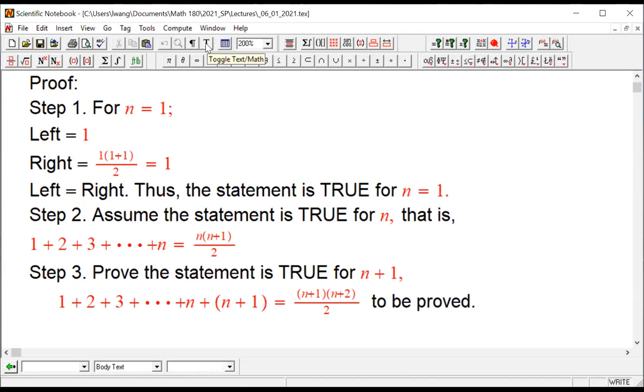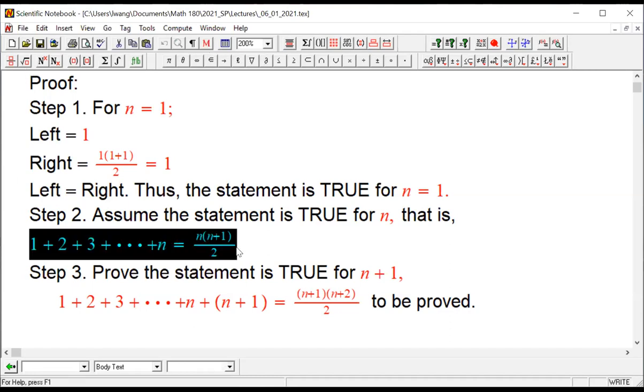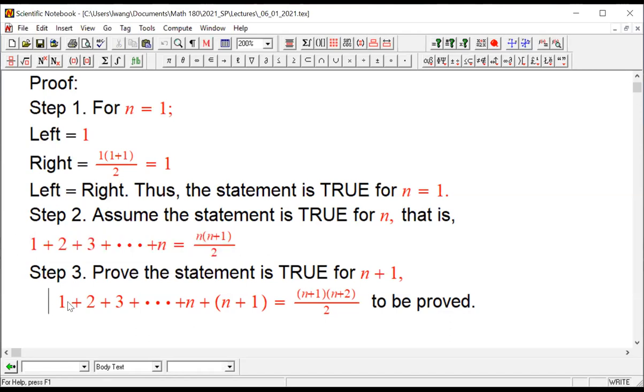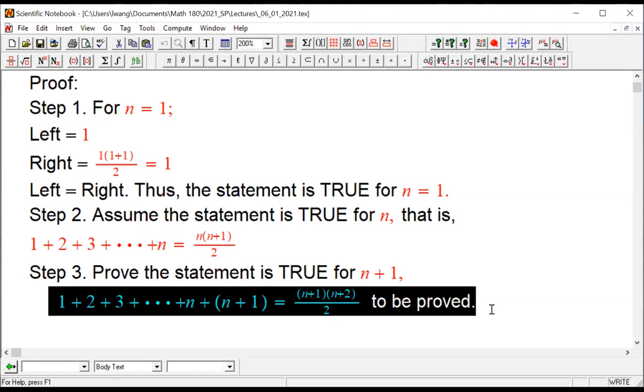Is that clear, everybody? I want you to understand what you can assume. This is something you can use. It's assumed true. And the next one is to be proved. So before we prove it, we cannot use it yet.